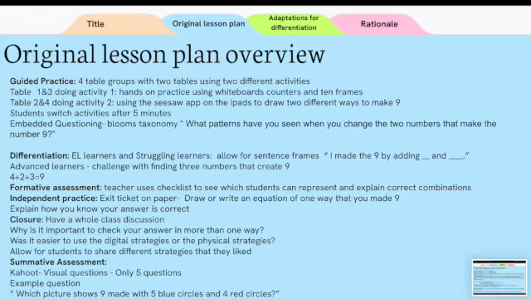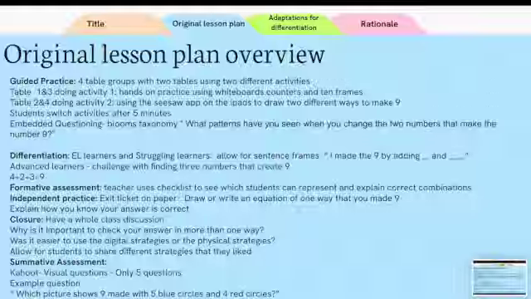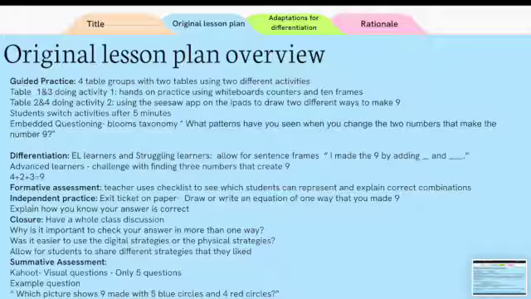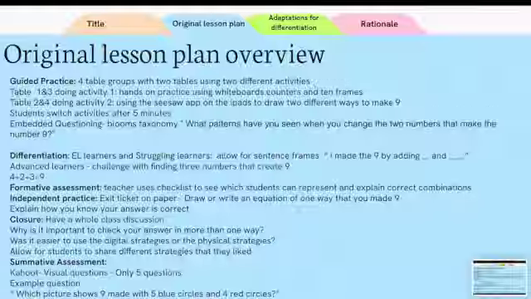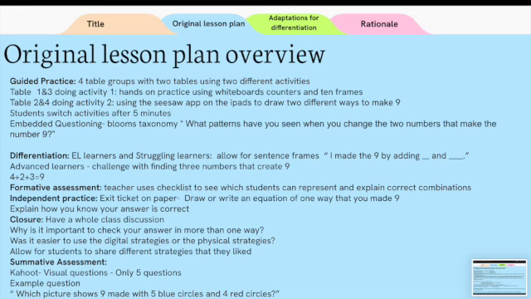Tables 2 and 4 are using the Seesaw app on their iPads to draw 2 different ways to make the number 9. After about 5 minutes, our students are going to switch, and then we also have another Bloom's taxonomy question. What patterns have you seen when you change the 2 numbers making the number 9? Just some simple little questions to make them start thinking.